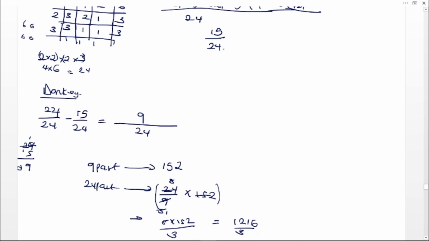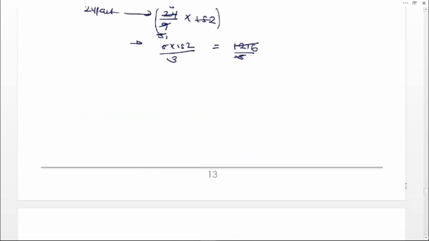So we are going to divide this one by 3 here. So by 3 here, we are going to get 180 animals there on a farm.